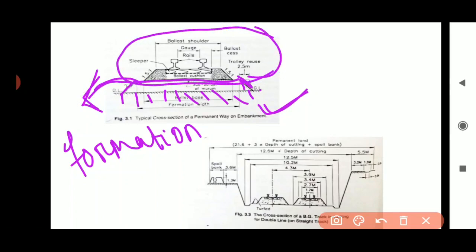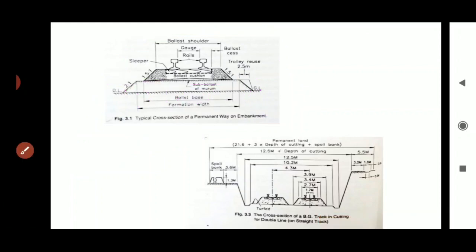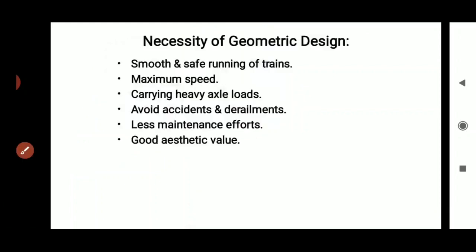So here this railway track is on an embankment, as the formation level is above the natural ground.